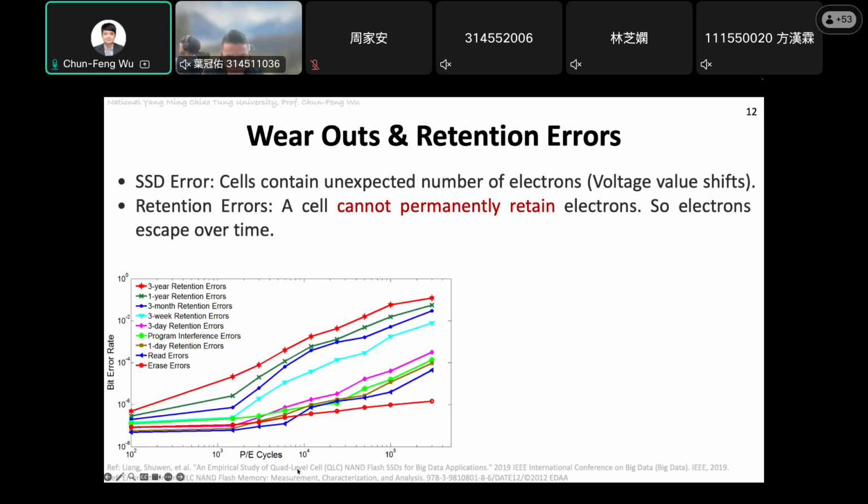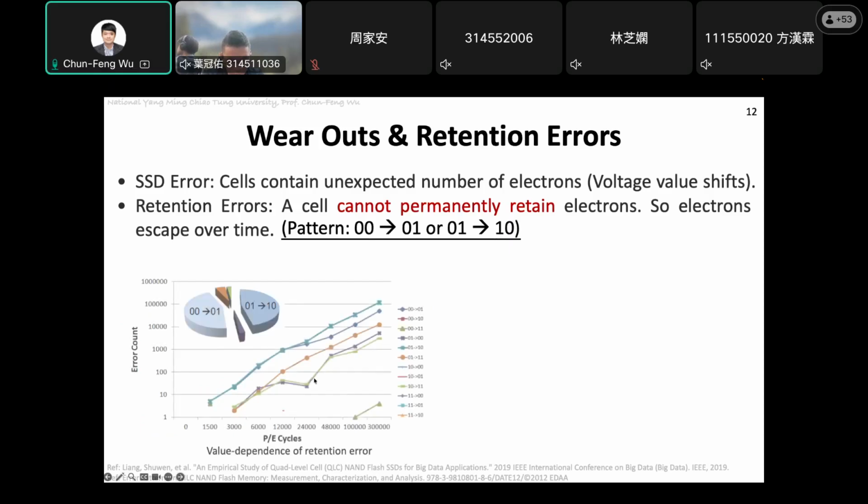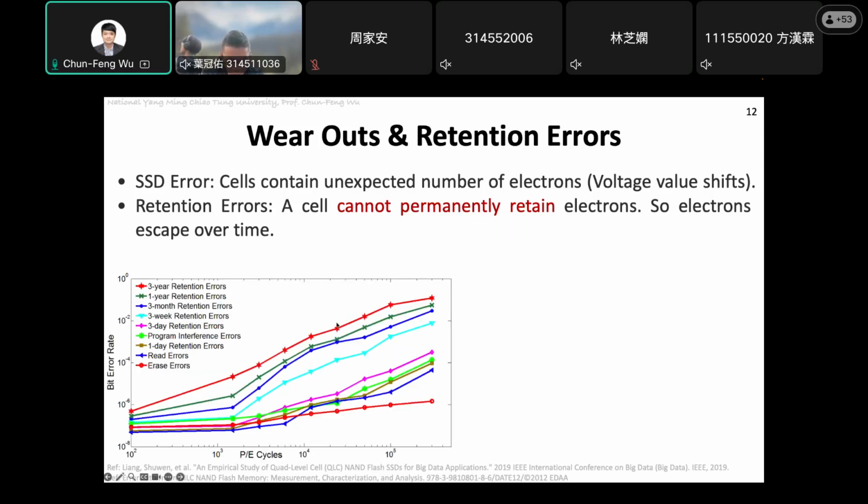Okay, so you can see the more you use the SSD, no matter which line, the error rate rises. And if you check after 3 years, the error rate will also be higher, like the red line. This is also the reason people say SSD is not super safe compared with a hard disk drive.